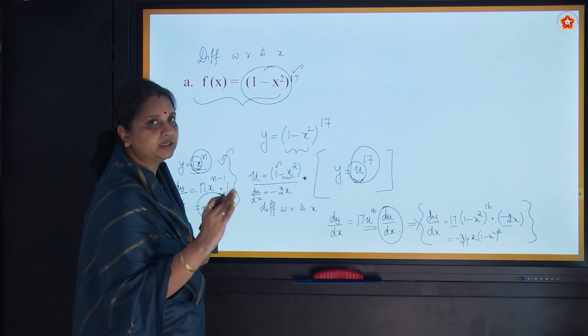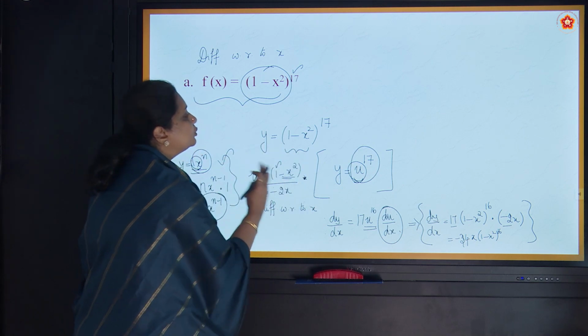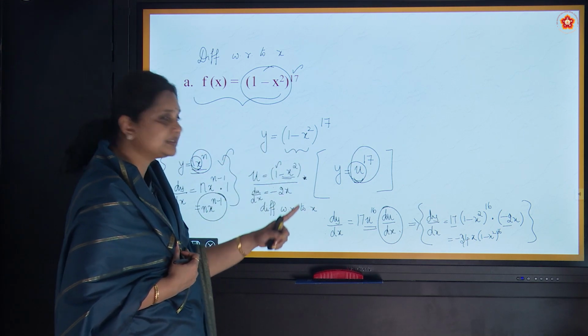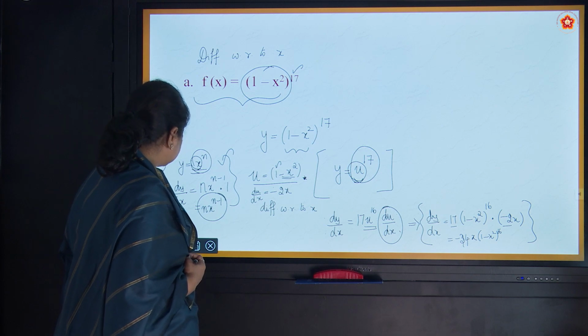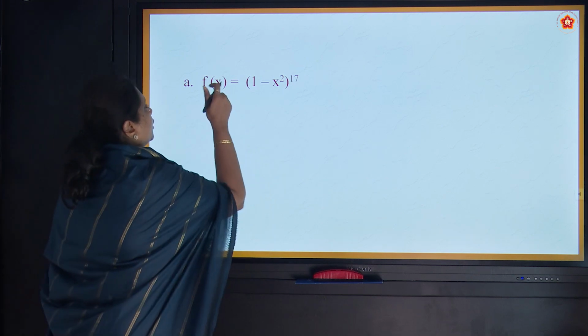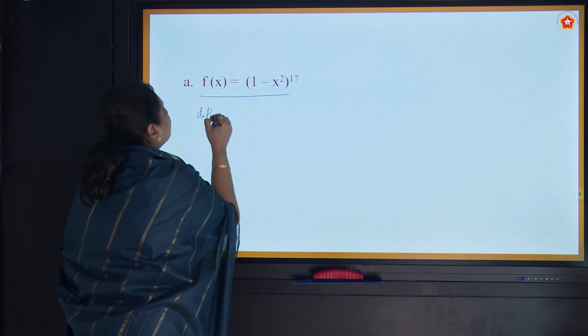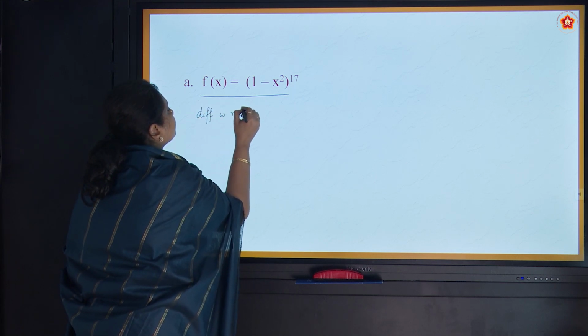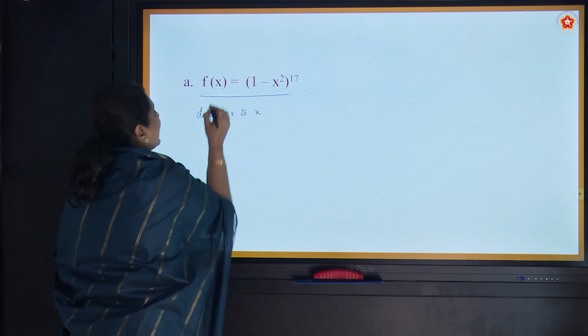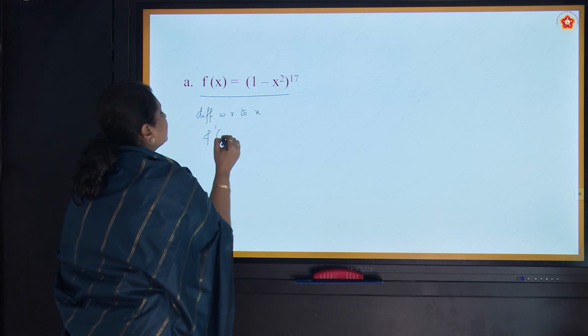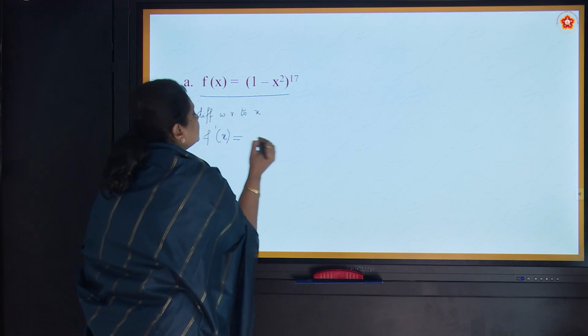Now, for your convenience, if you get too confused with too many variables, you don't need to substitute u. I'll give you a tip to do it. So when it is this, let's differentiate with respect to x. So f of x, when we differentiate, we get f dash of x is equal to.